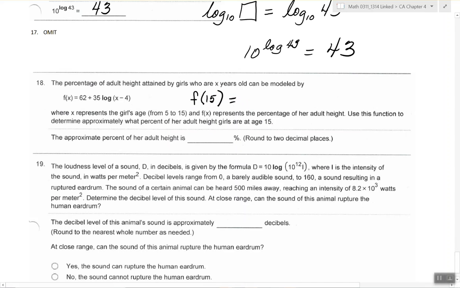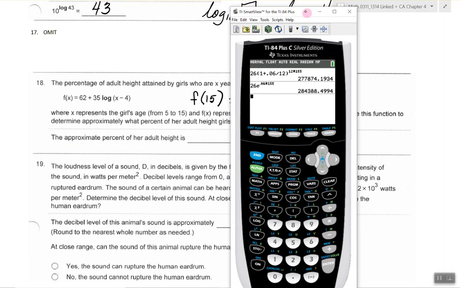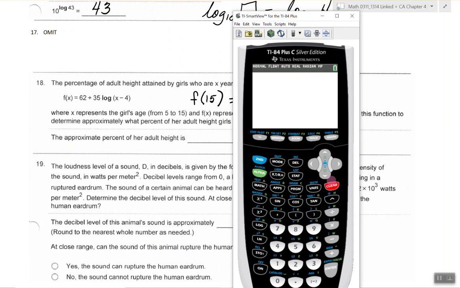So I'm going to go to my grapher. I'm going to pull it over here so I can see the function. I'm going to clear this, and I'm going to say 62 plus 35. This is a common log. Instead of x, I'm going to put in 15 minus 4, close. I am evaluating this function when x is 15.